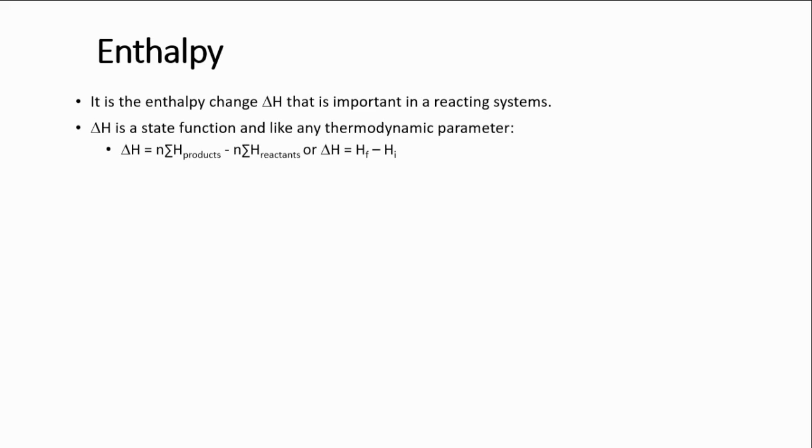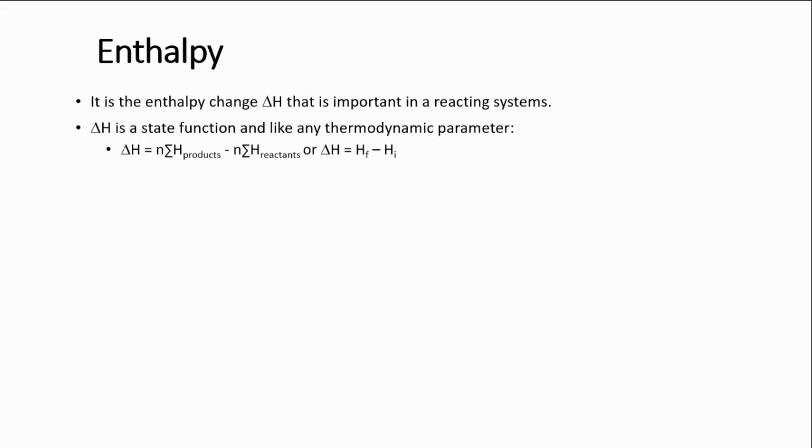Now, in assessing the enthalpy change of a reaction, and enthalpy is a state function, what we do is to take a sum of the enthalpies of the products, of course considering their reaction stoichiometry, and subtract from that the sum of the enthalpies of the reactants, of course considering their reaction stoichiometries.